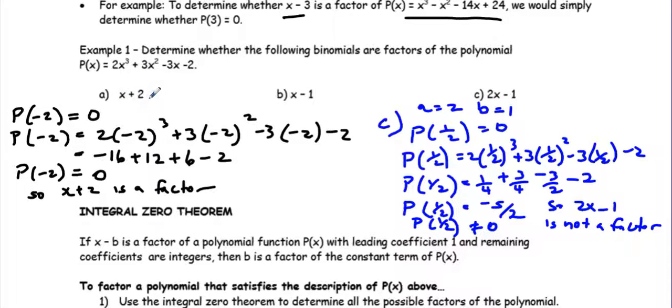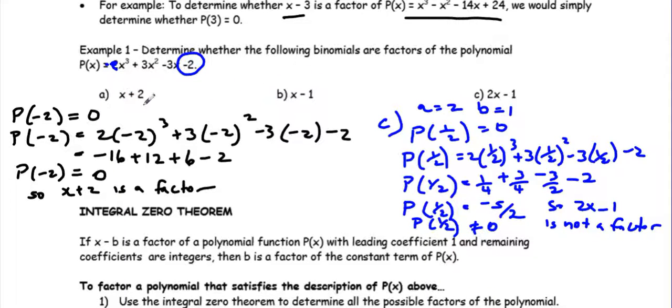And the way you do that is by looking at the constant term of the polynomial, and all of the factors will actually be factors of this number. So in other words, a factor of -2 would be 2 and -1, -2 and 1, and those would be factors.